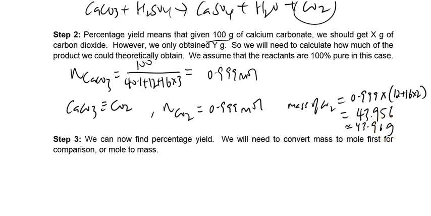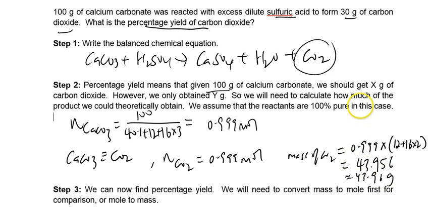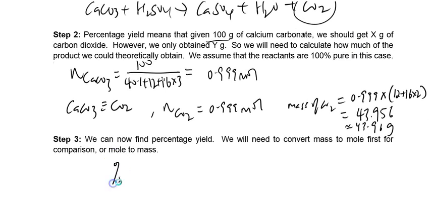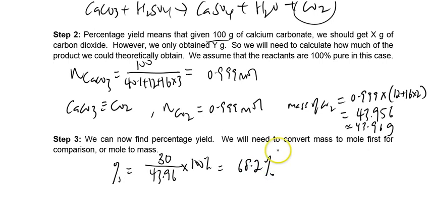So this is what I should get. 43.96 grams. But I only received 30 grams of carbon dioxide. So the yield would be what I actually received divided by what should happen times 100%, which will give me 68.2%. So the yield is 68.2%.